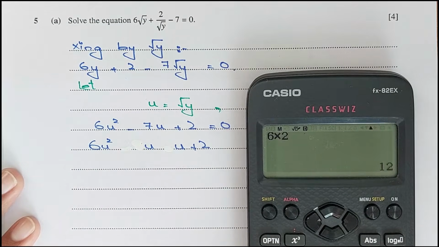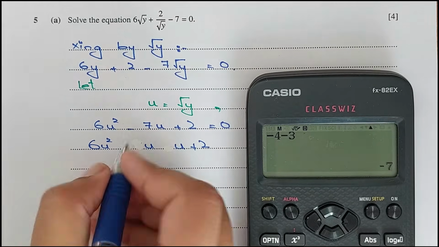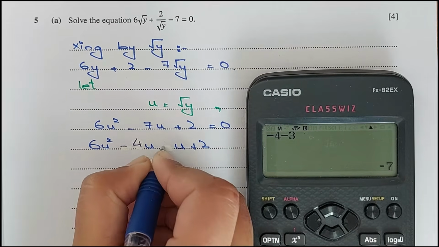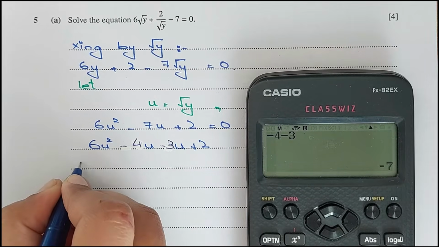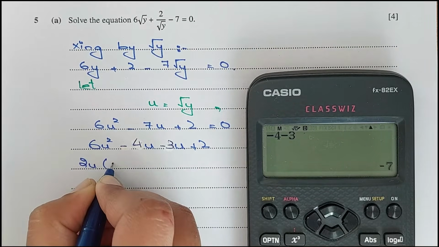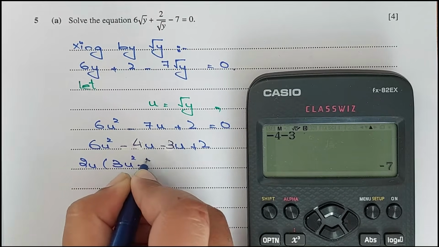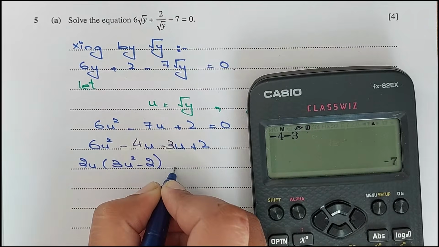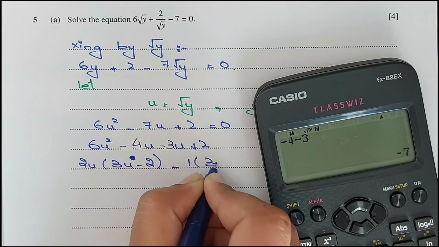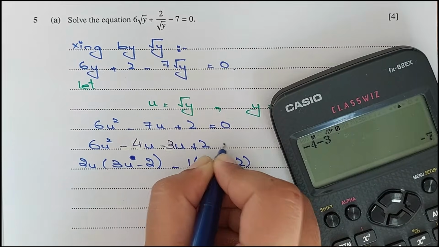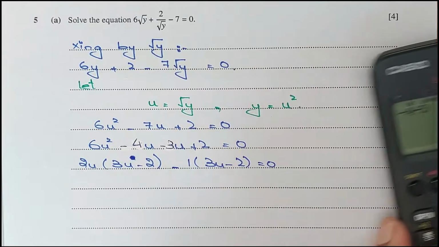6 times 2 is 12, and 4 times 3 is 12, and minus 4 minus 3 is minus 7. So minus 4 and minus 3. Taking 2u common, we have 2u times 3u minus 2, and negative 1 is common, 3u minus 2 equals 0.